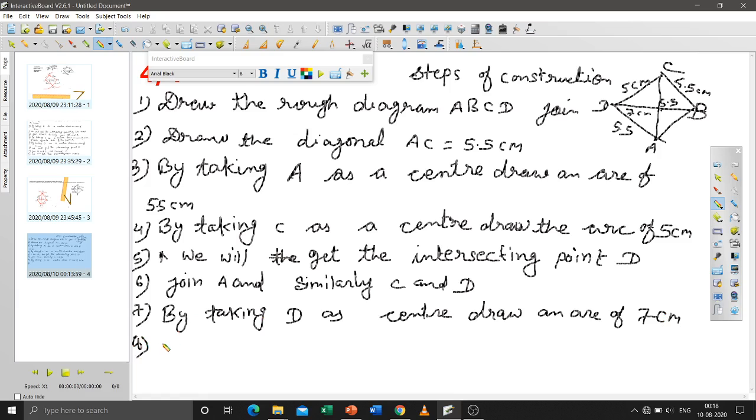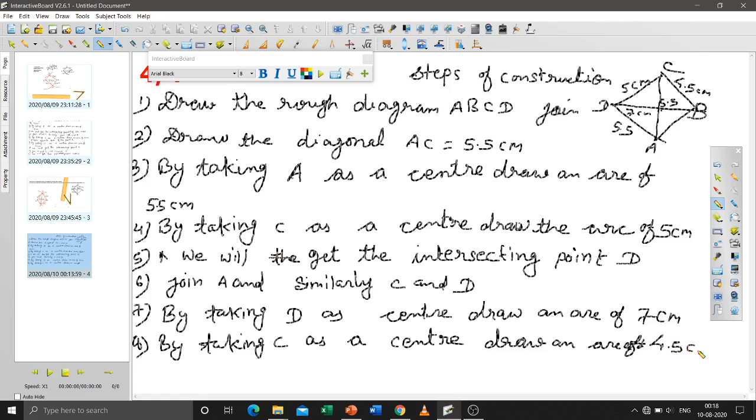Eighth step, by taking C as a center, draw an arc of 4.5 centimeter.